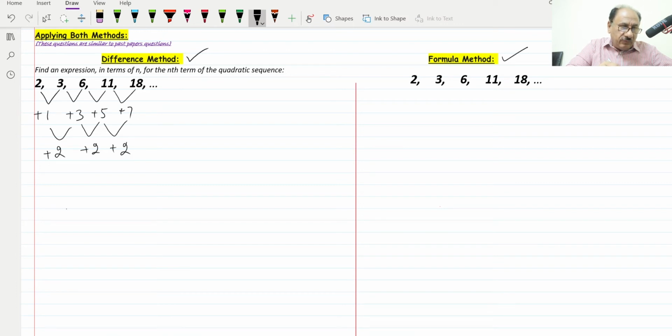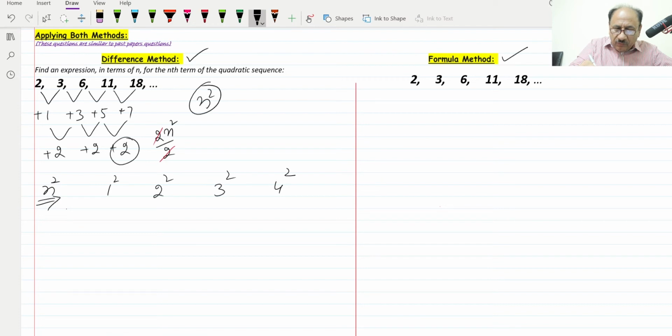Now what we are doing, we are taking this second difference, writing it as n square and dividing it by 2. Now we will cancel this, and it means we will be using n square for our process. So n square we will be taking like 1 squared, 2 squared, 3 squared, and 4 squared.